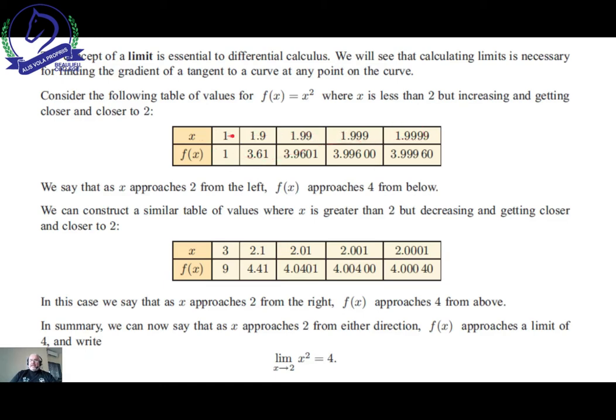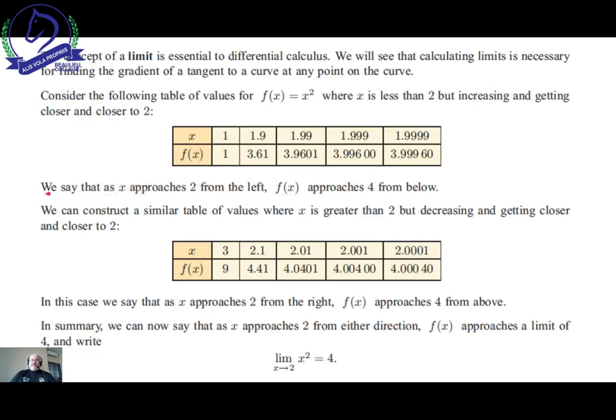Let's say I jump from 1 to 1.9 and then 1.99, and as you do that, you will see that the values of the function are getting bigger and bigger, but they're also approaching a certain value. In this particular case, you could guess that when x is equal to 2, and obviously if you substitute 2 over here, you will find that the value at 2 is 4.